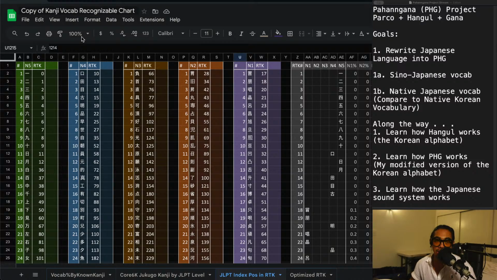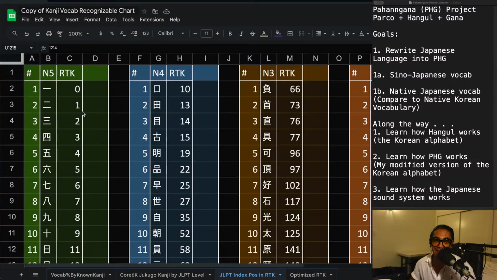This is a spreadsheet that I got from somewhere on the internet a long time ago. Thank you to whoever created this. Basically, what this person did was they took all of the kanji from Remember the Kanji, the famous book to help people remember and learn the kanji.